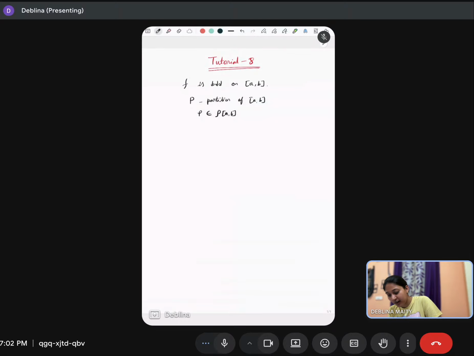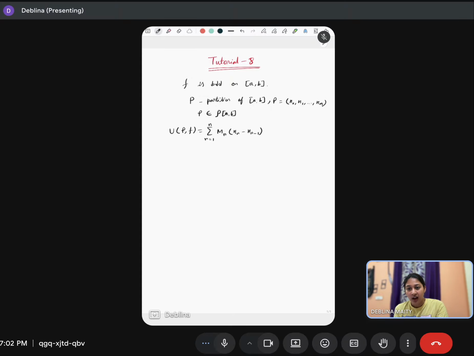Then we defined U(P, f) and L(P, f). U(P, f) was the sum of M_r times (x_r minus x_(r-1)), where the partition P is x_0 to x_n, with x_0 equal to a and x_n equal to b, and capital M_r is the supremum of f(x) in the sub-interval [x_(r-1), x_r].